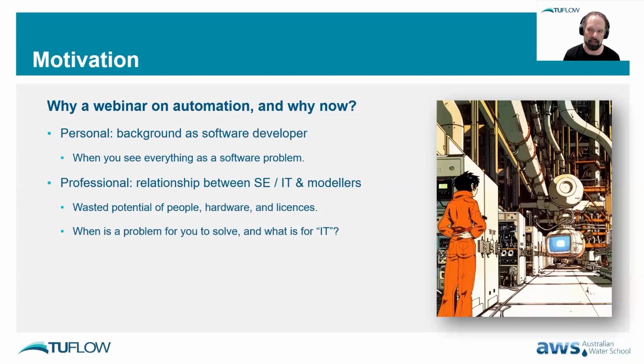But I think as an engineer or as someone designing models or running models, you need to at least understand enough about the idea to know what you should be asking for and to tell IT staff how to do a better job. So that's part of what I'm trying to do here. It's talking about the skills you might develop, but also about how to engage with either IT staff or maybe software developers in your own company that could help you develop automation.